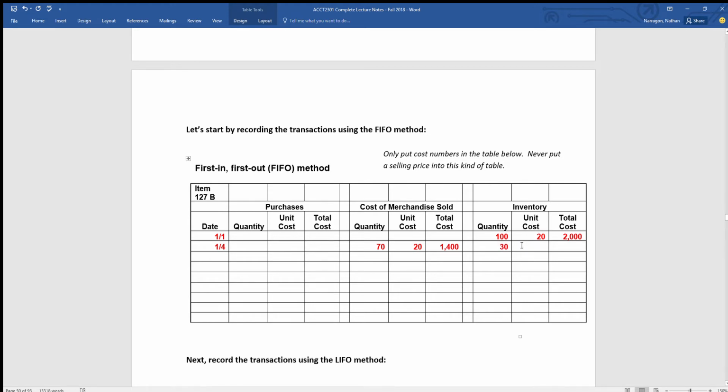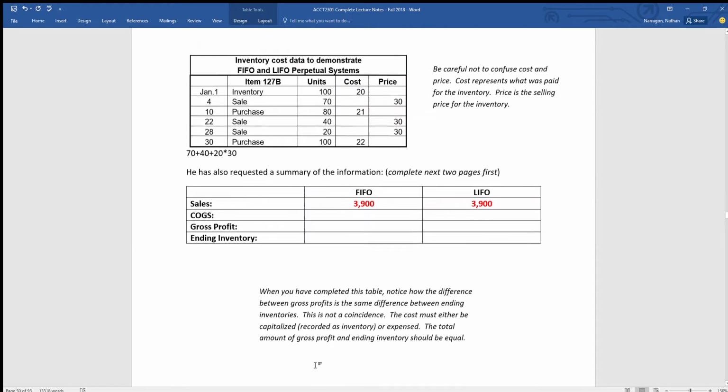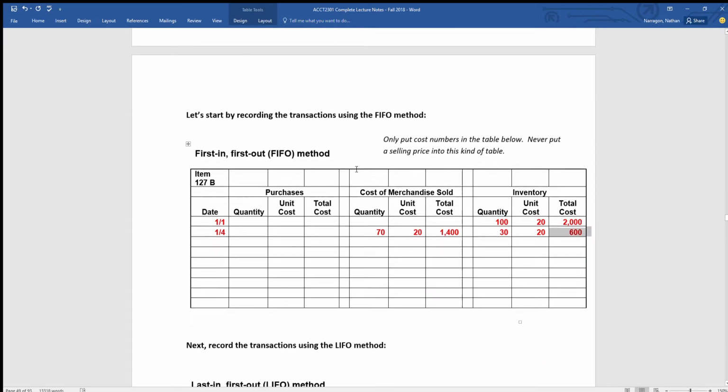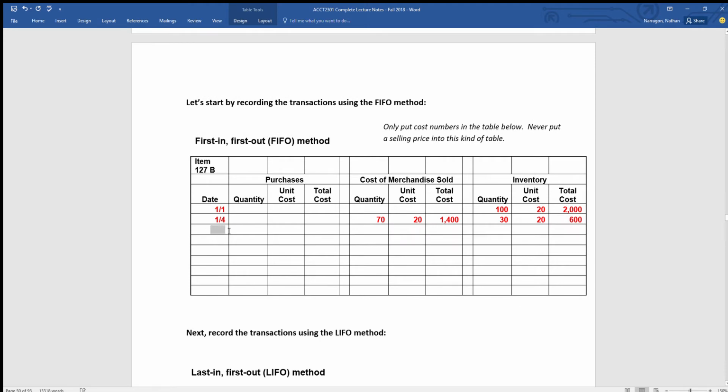The unit cost does not change, so it's still 20, and it means we now have 600 left in our inventory. So we go next. Next item, we purchased on January 10th 80 units at a cost of 21 bucks. So here, again, put our date.